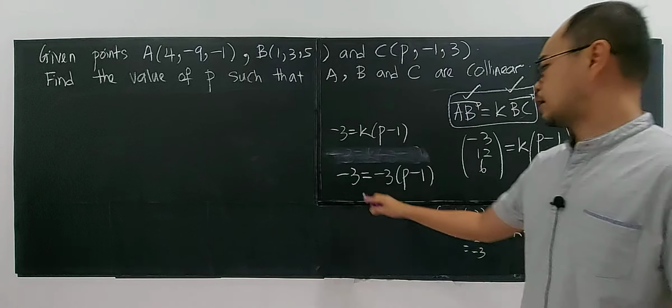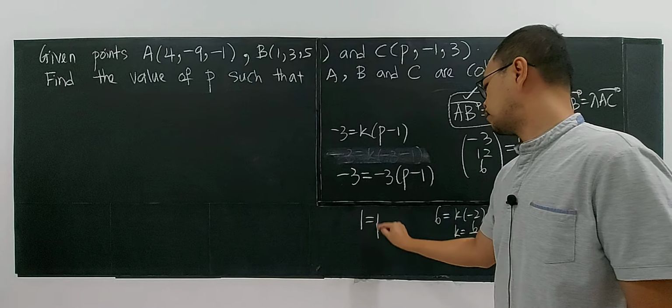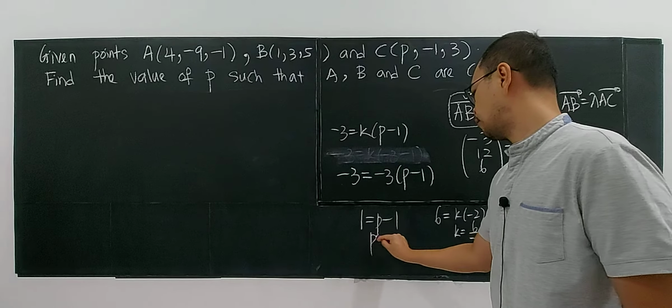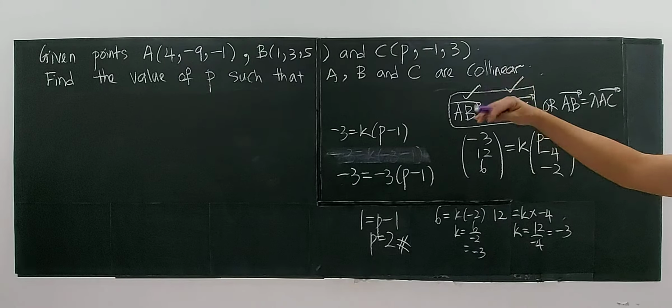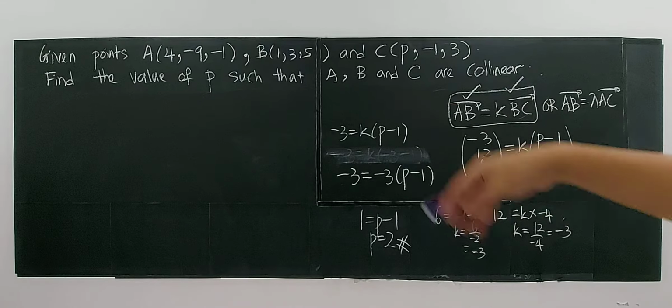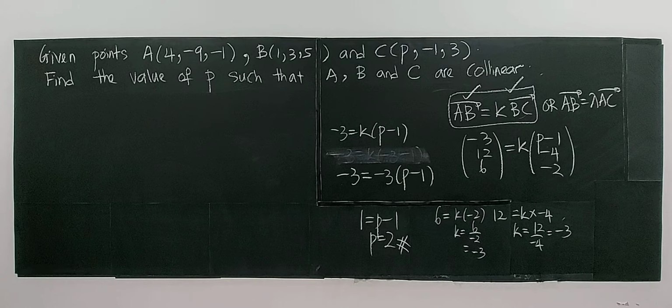And negative 3 divided by negative 3, you're having 1 to be P minus 1. So therefore, P will be equal to 2, right? Since they are telling you they are collinear, this is the way we use the concept of collinear to find the value of P, which gives you P equals 2, right?